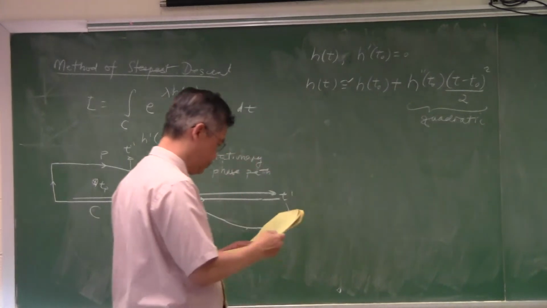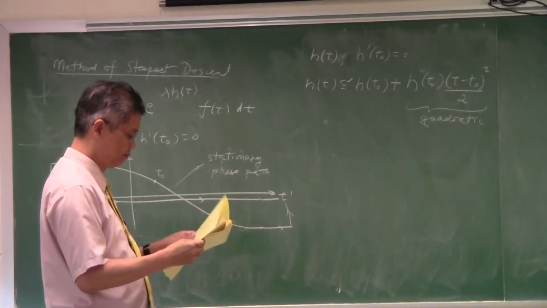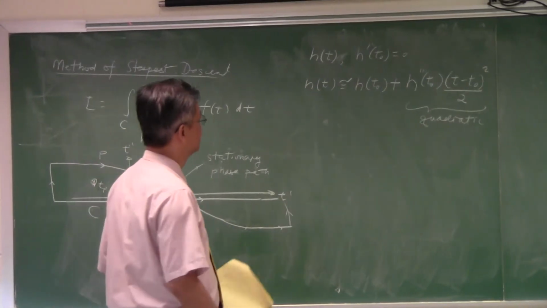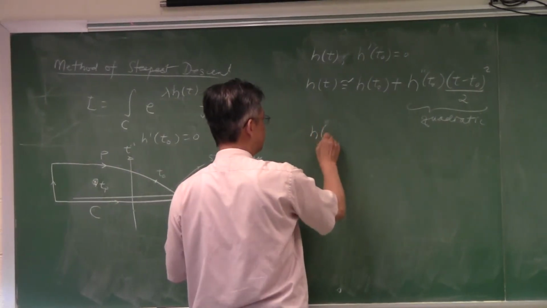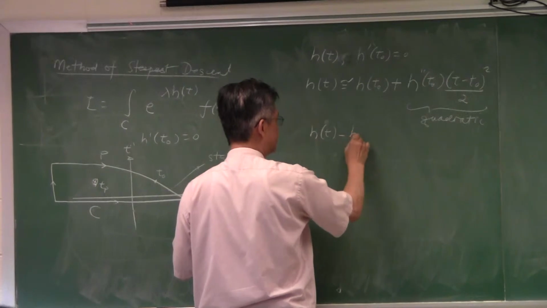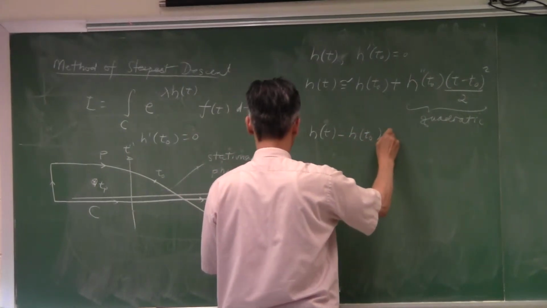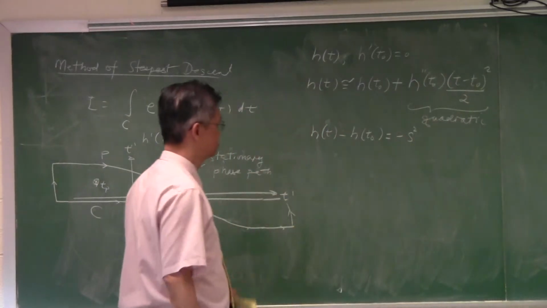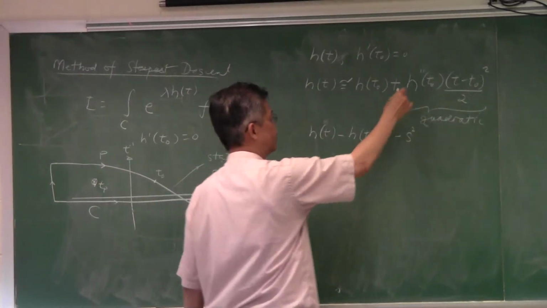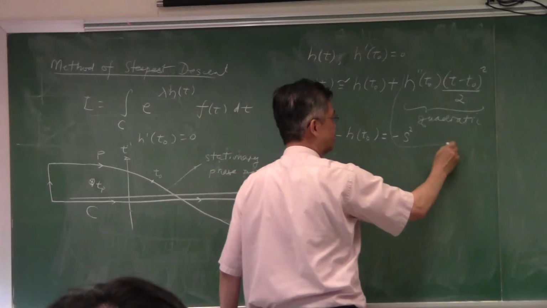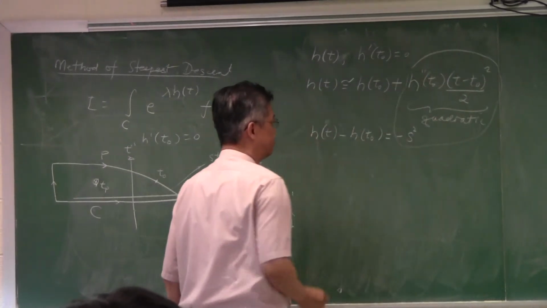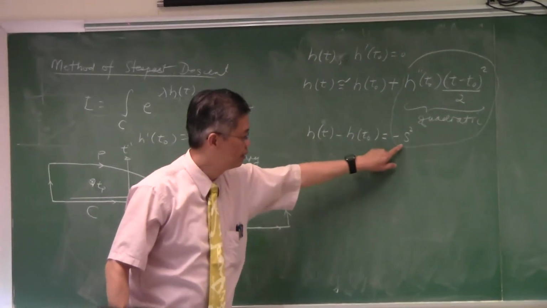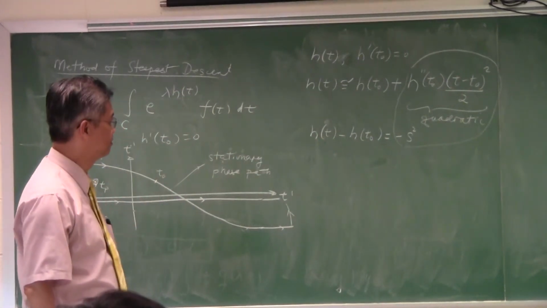So this motivates a kind of change of variables. I would invoke a change of variable such that h(t) minus h(t naught) is equal to minus s squared to mimic this quadratic behavior. So I try to capture this quadratic behavior with a quadratic transformation. Instead of working with the variable t, I work with the variable s.